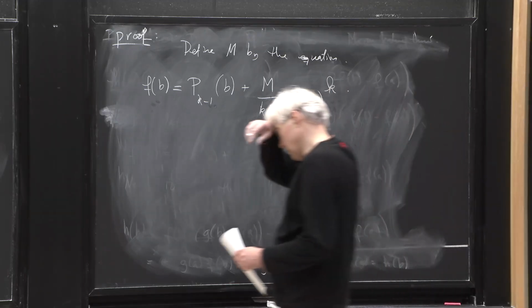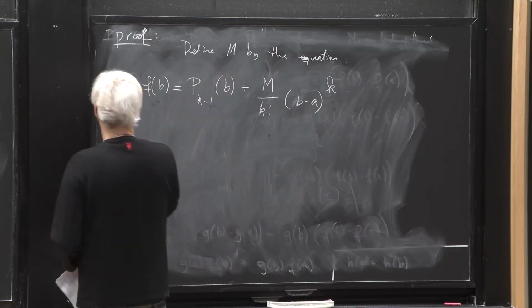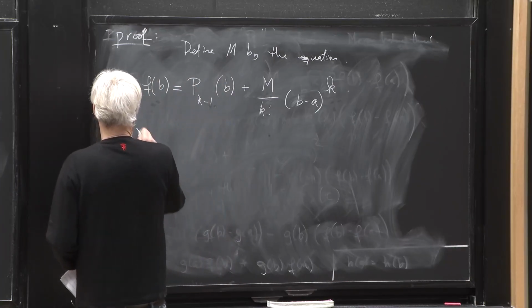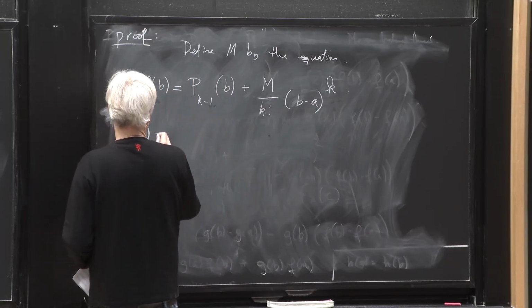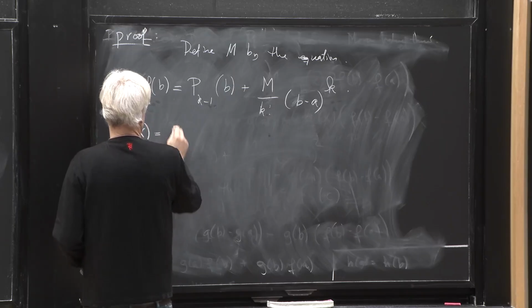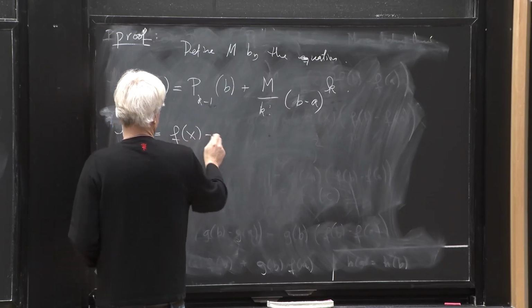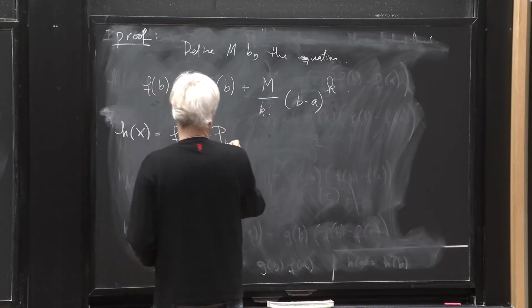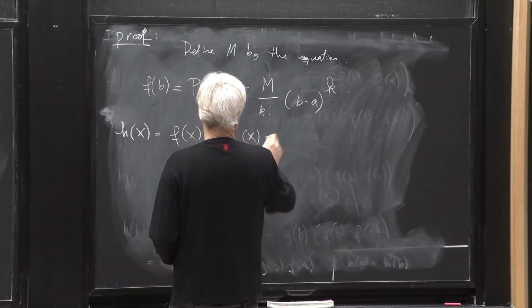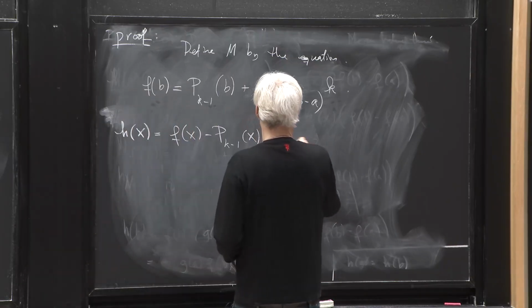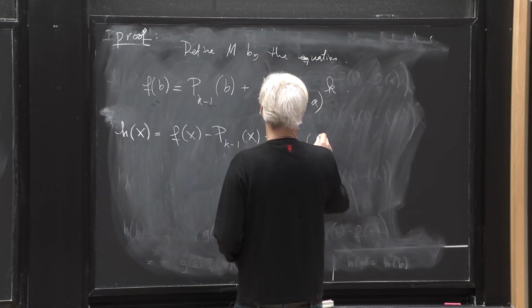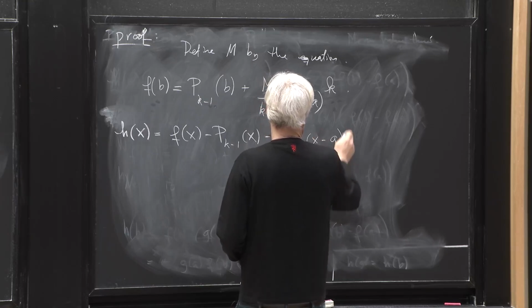And now what you do is you define h similarly to before. h is then f of x minus p k minus 1 of x minus m over k factorial times x minus a to the power k.